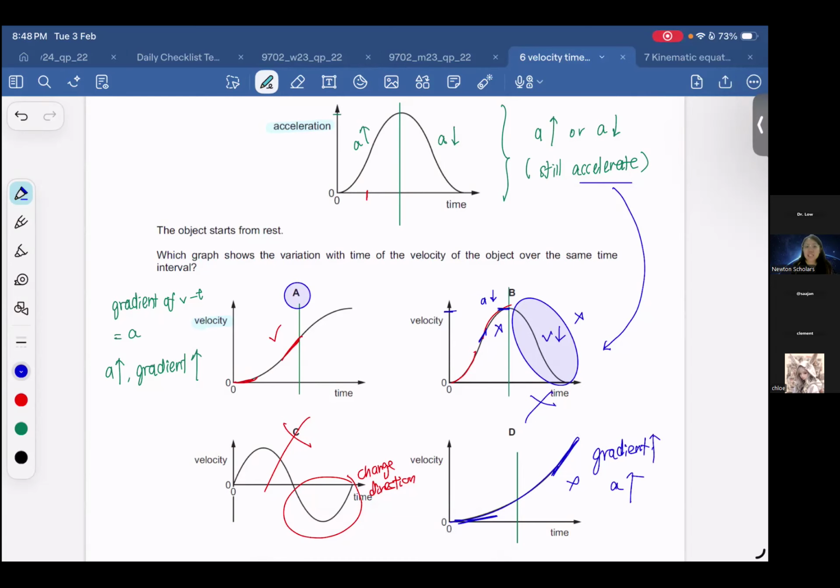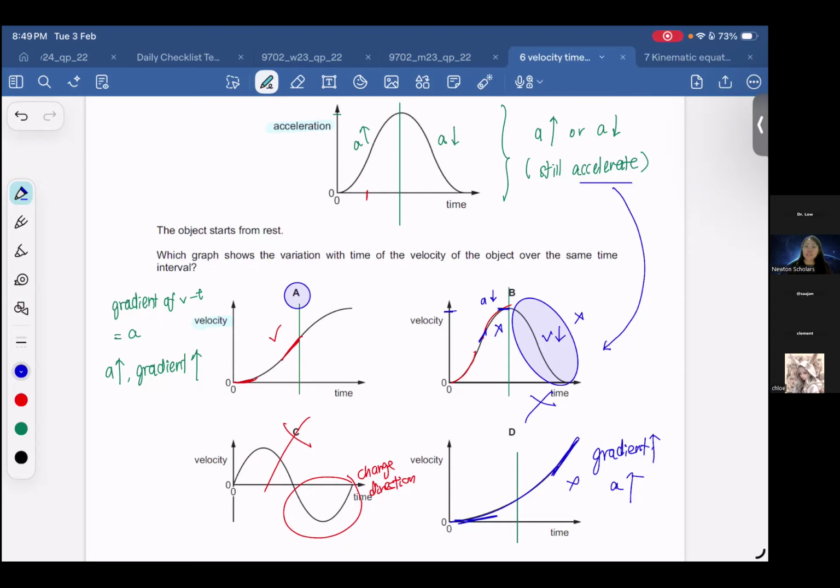So it still accelerates, just at a slower rate. For C, the very obvious mistake is that velocity goes into the negative region, which means a change of direction, but the acceleration-time graph shows no change of direction.